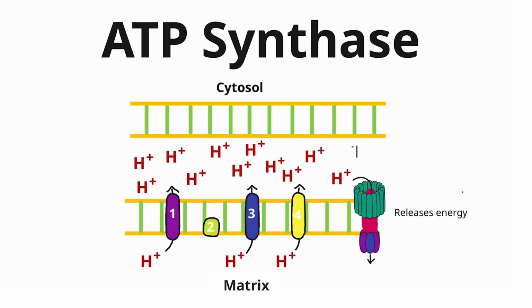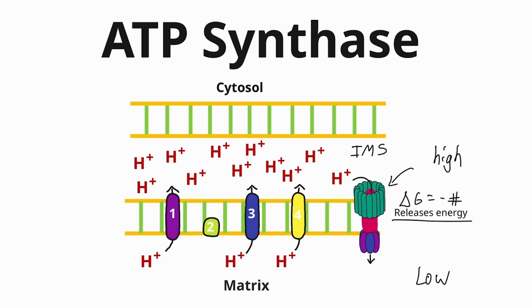Since there's so many protons in the inner membrane space, they can flow passively into the matrix if they're given a channel to flow through. And ATP synthase, pictured right here, basically is that channel. The hydrogen ions flow through ATP synthase from a high concentration in the inner membrane space to a low concentration in the matrix. When something flows from a high concentration to a low concentration, that's a spontaneous process, which means it has a negative value for delta G, meaning it releases energy.